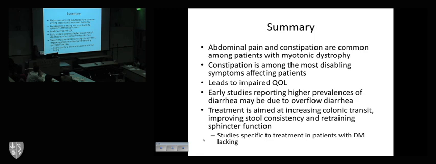So all these recommendations that I've given to you today are based on just general treatment of constipation. Nothing specific to this patient population, and that's because there is zero data out there. Maybe some case reports here and there, but in terms of real scientific data, I spent weeks and weeks and weeks searching, and there is zero.